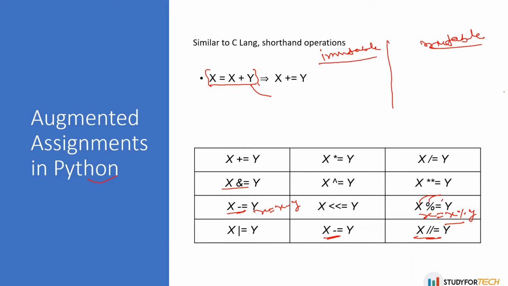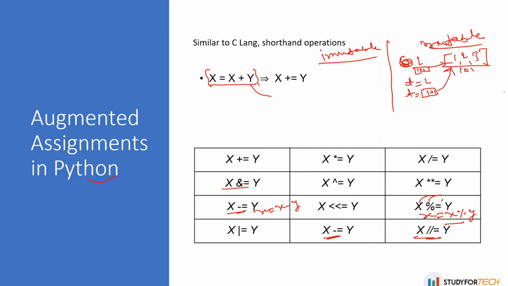Let's see mutable first. Suppose you have an identifier L, which is the list 1, 2, 3, and this list has some memory location in RAM, whose address is 101. So L will point to 101, this particular memory location. And when I say t equal to L, that means t also will have the 101 location and point to this one.